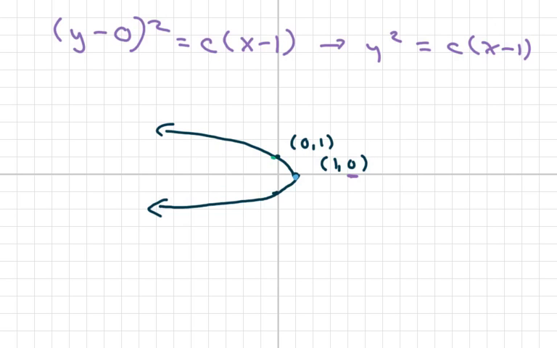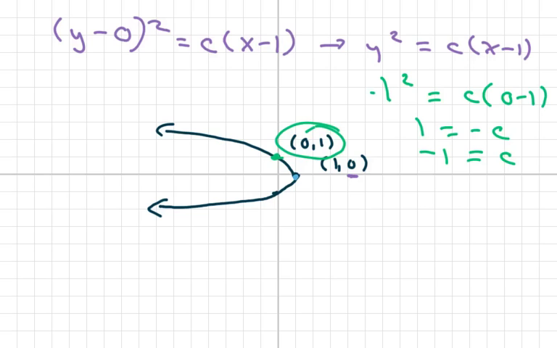Now I'm going to plug in this point for my x and y. So I get 1 squared equals c, and my x is 0. So you get 1 equals negative c, or c equals negative 1. And then just plug it back in there, and you get y squared equals negative 1 times x minus 1.